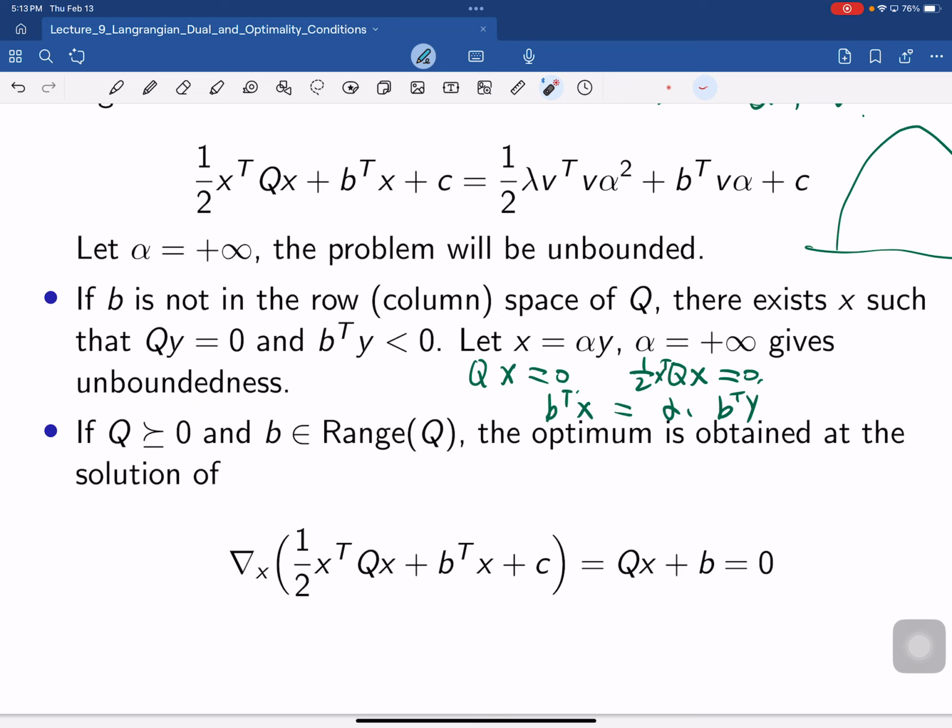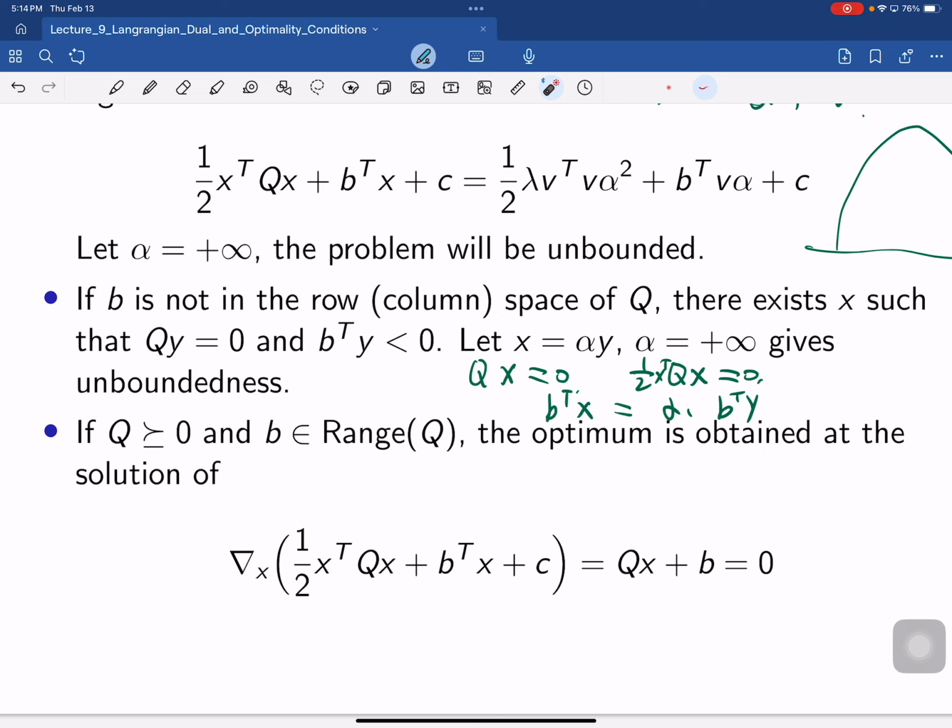Gradient equals 0 means Qx plus b equals 0. So when does Qx plus b equals 0 have a solution? Of course, when Q is non-singular, it has a solution. What about when Q is singular? When does it have a solution? When b is in the column space of Q.